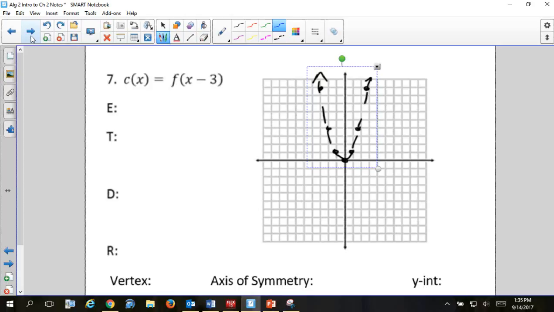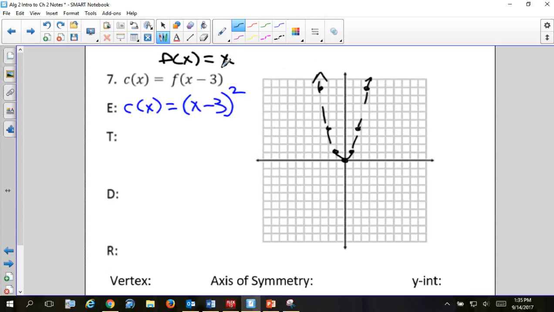So I'm going to do number, what am I on? 7. So 7 says f of x minus 3. So that means wherever I see an x, replace it with x minus 3. So c of x is equal to parenthesis, x minus 3, close parenthesis, and then that is squared. Because remember, my f of x is x squared. Wherever I saw an x, replace it with parenthesis x minus 3.